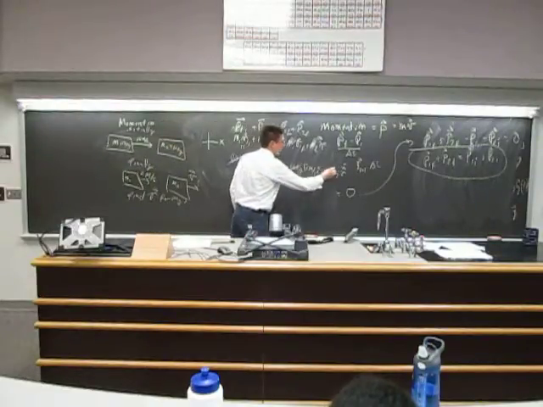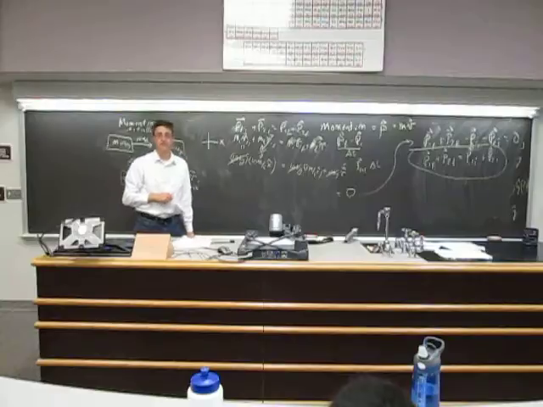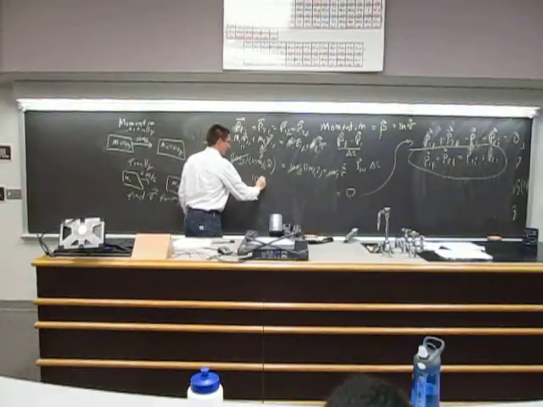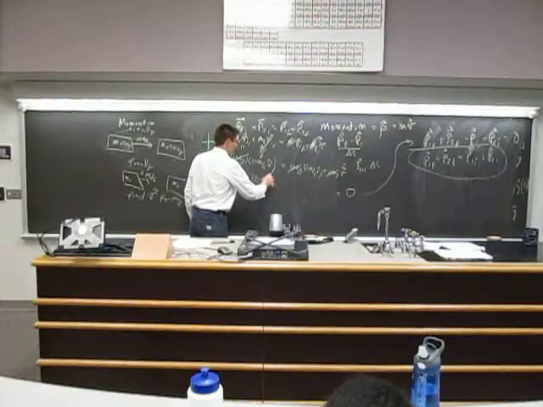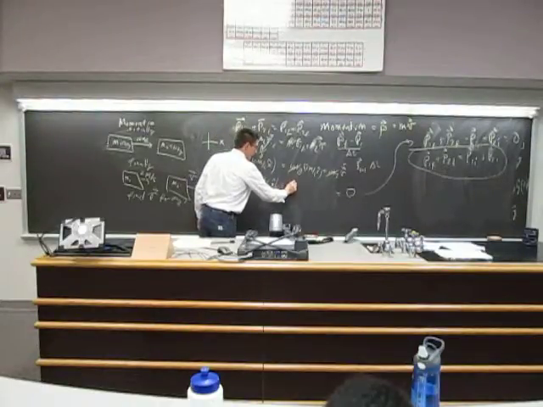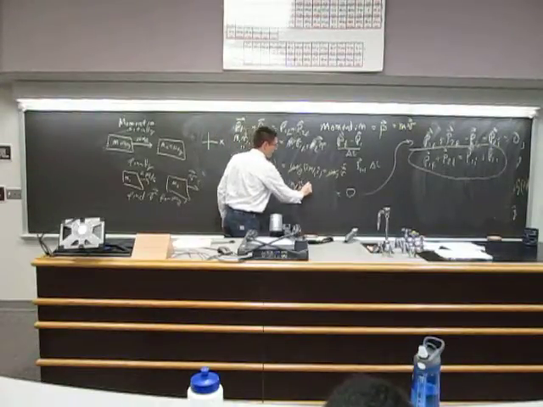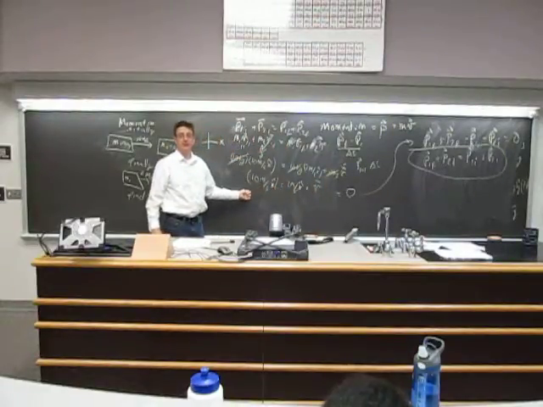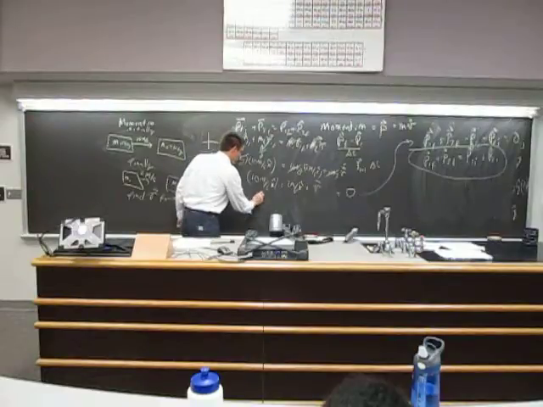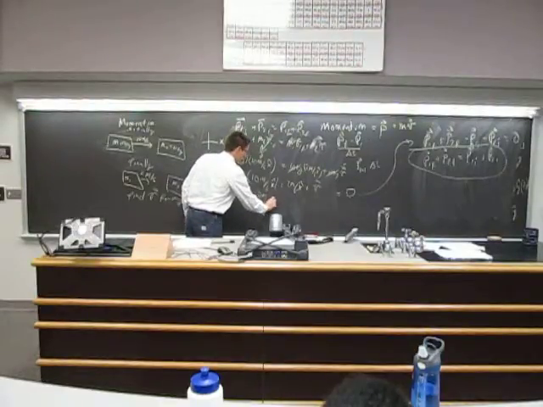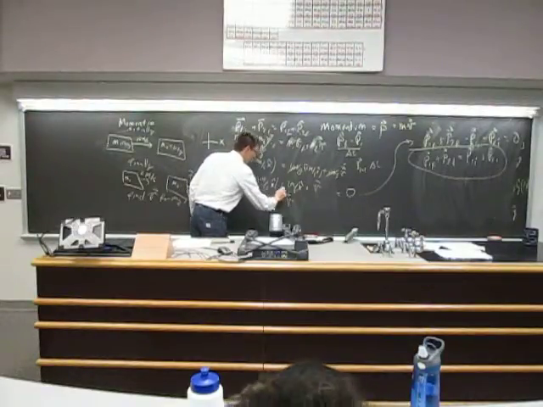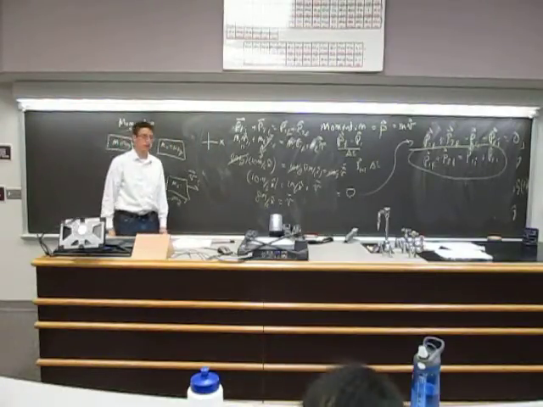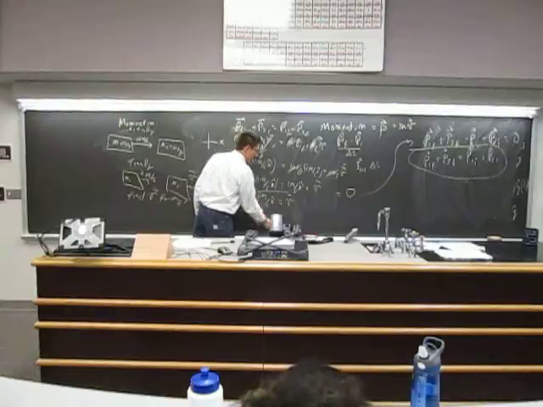I can divide the whole equation by 10 kilograms. And so 10 meters per second x-hat is equal to 2 meters per second x-hat plus V. Subtract 2 meters per second from both sides, and 8 meters per second x-hat is equal to V. That was in very much detail.